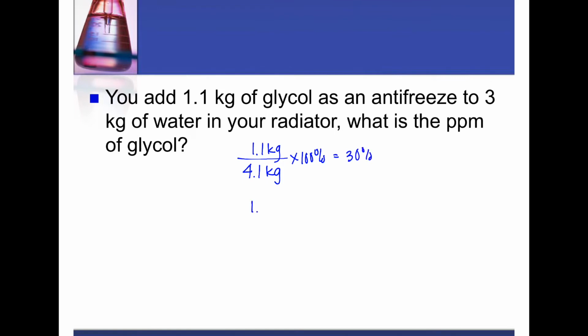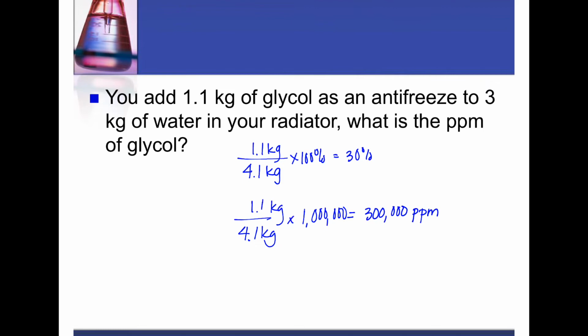We're going to do the same thing. We're just going to multiply it by 1,000,000 now. And when we do that, we get 300,000 parts per million. So that symbol there, ppm, just means part per million.